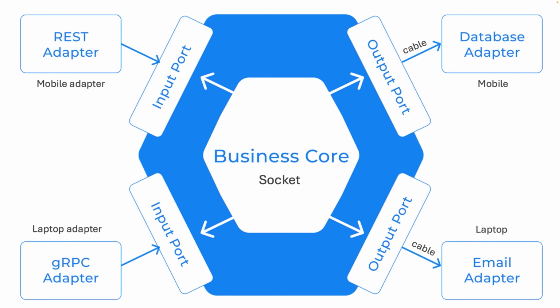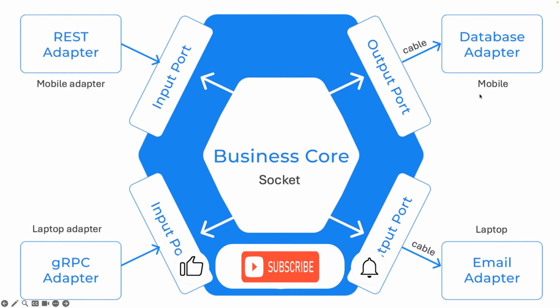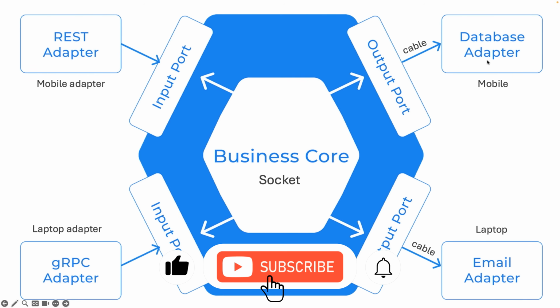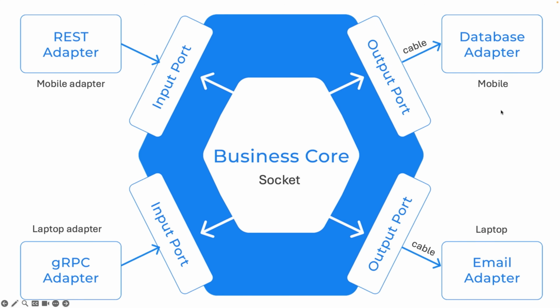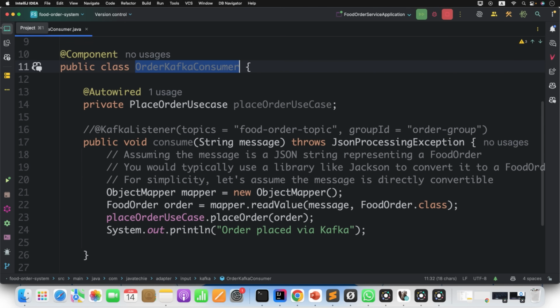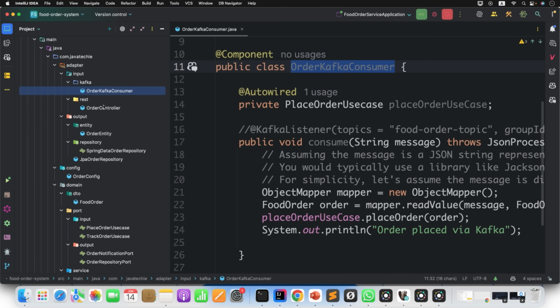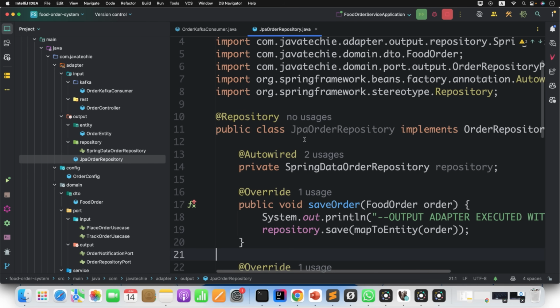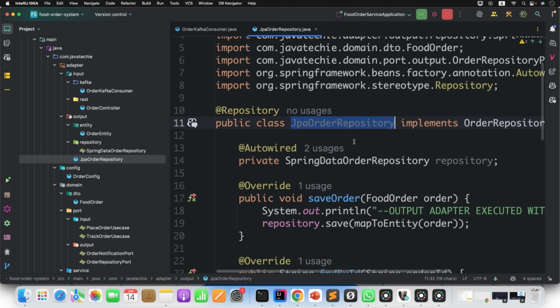Now similarly, let's say you want to discard one of the output adapters. Let's say you don't want to use the MySQL or JPA adapter. Rather you want to use anything, MongoDB or Redis, any different adapter. So for that, go to your code, go to your output adapter. We have defined this JPA order repository, right?